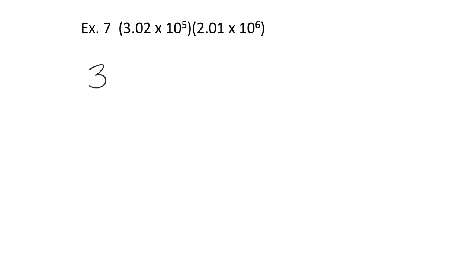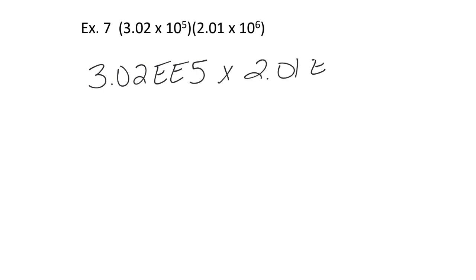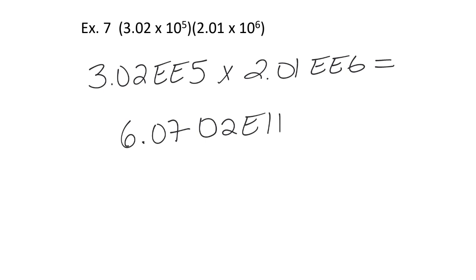All you're doing is typing in 3.02 EE5 times 2.01 EE6. And when you do that, you're going to get 606.0702 E11. Okay, this is not actually your answer.